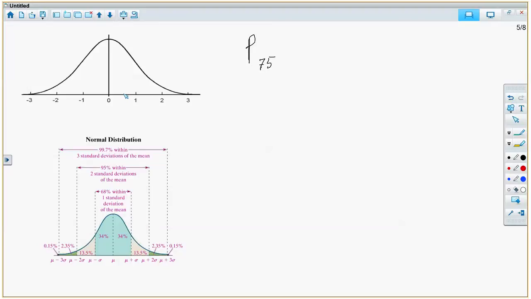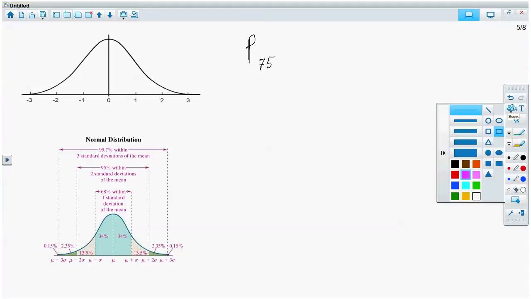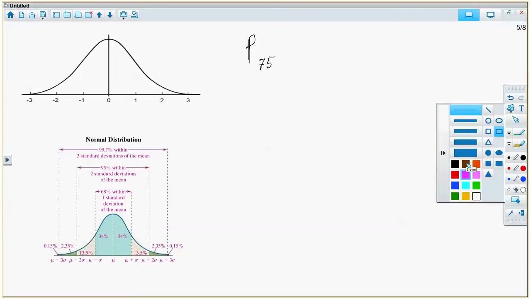So 67 plus 3.5 is 70.5, and 70.5 plus 3.5 is 74.5. So if I was going to draw a line anywhere around 75, it would probably be right in here.